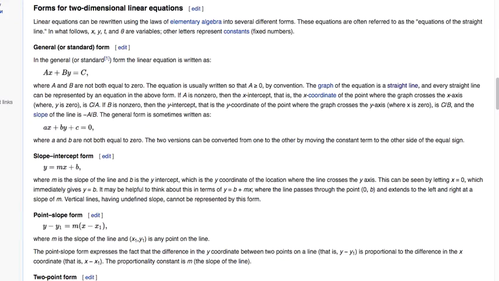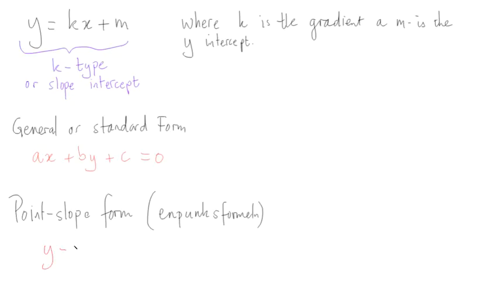And it's this: y minus y1, which is the y-coordinate of a point going through the line, equals k, which is the slope, and then x minus x1. So this is where k is the slope, and the line passes through x1, y1.